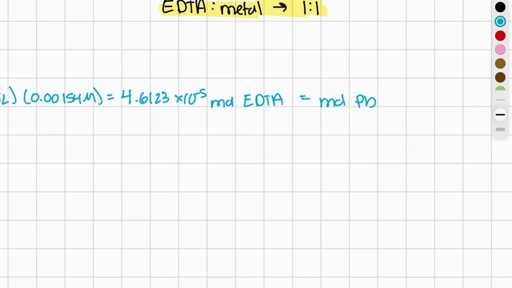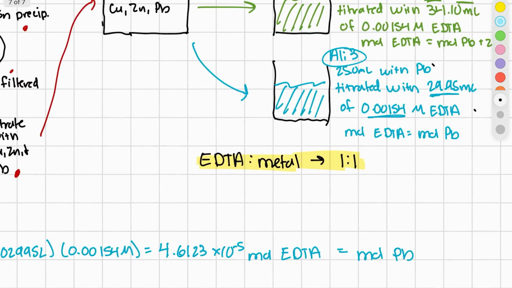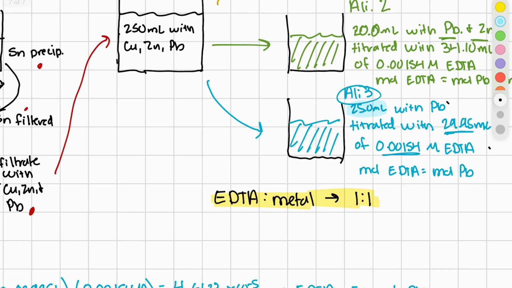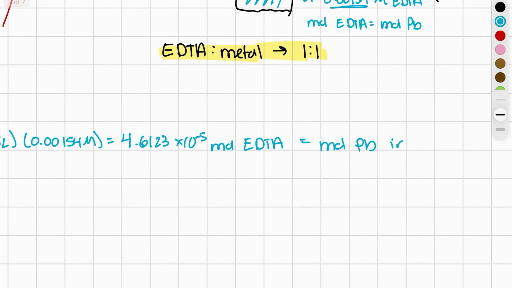Now, what's important to note is that this equals our moles in this 25 milliliter sample, but it does not equal our moles in the 250. It's been diluted. So we need to take that into account.